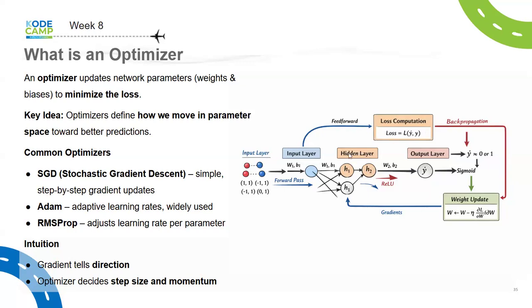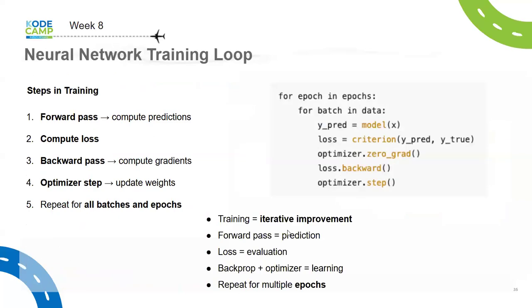Then when you're doing backward propagation, during the feed forward you calculate the loss, and you calculate the gradients using backpropagation. You now use the gradients to do the weight updates, and the weight updates are determined by the optimizers. Those are the basics. We'll look at optimizers in more detail in a separate class.